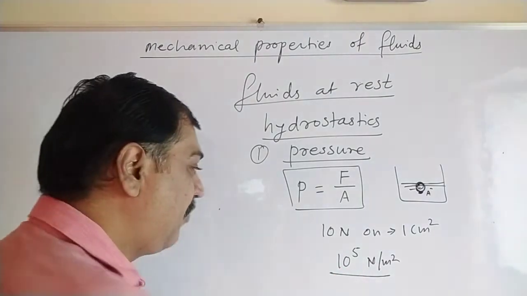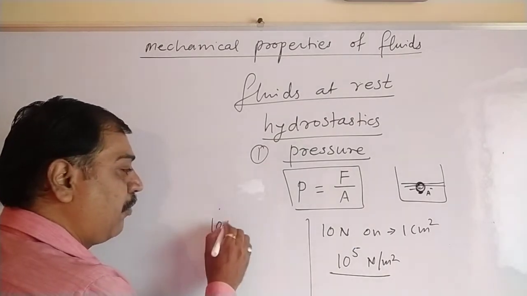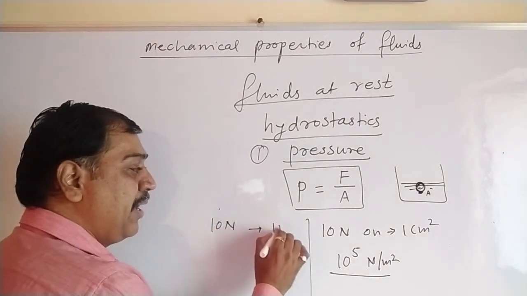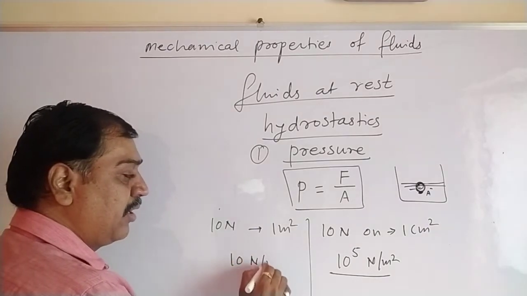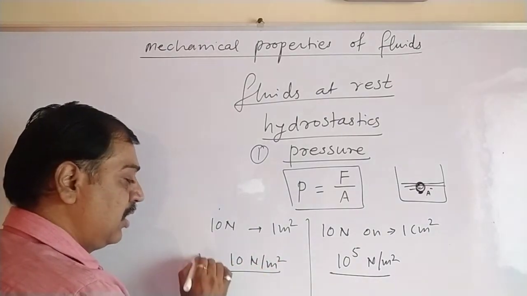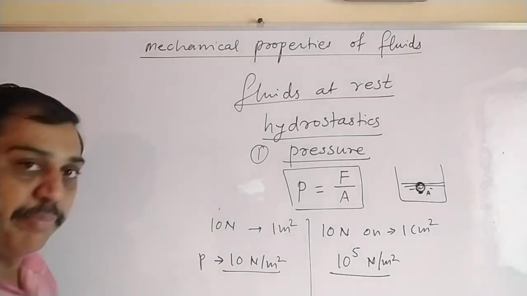Instead of this, if you apply 10 Newton of force on an area of 1 meter square, then the pressure would be 10 Newton per meter square.